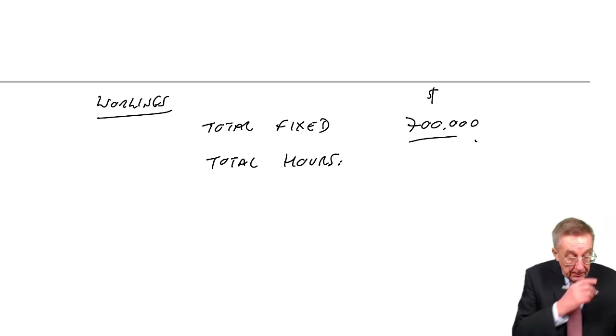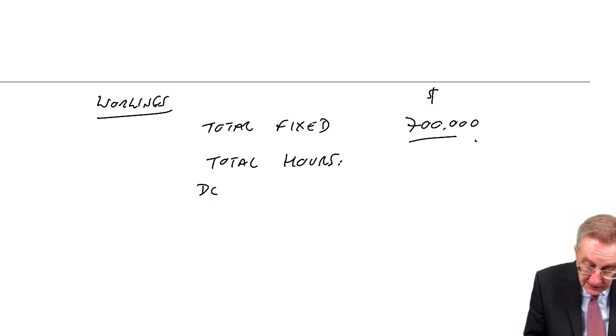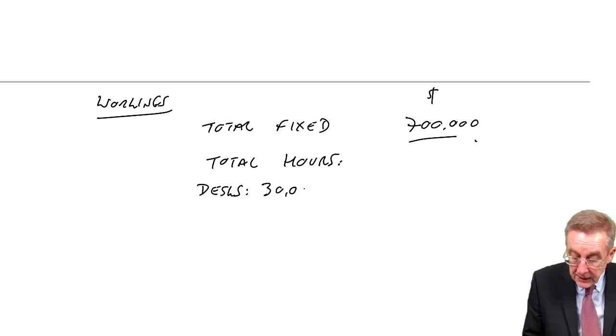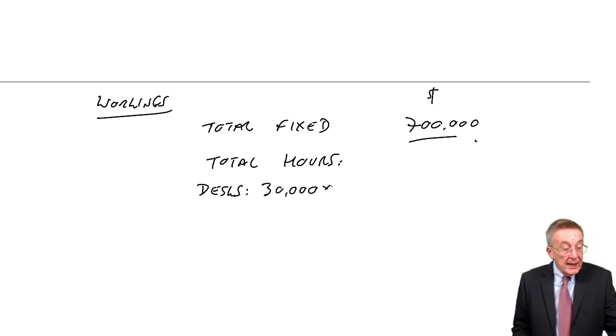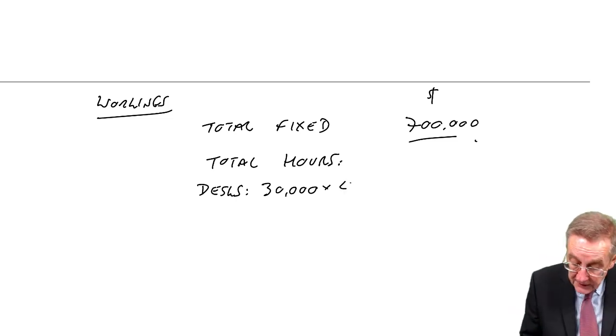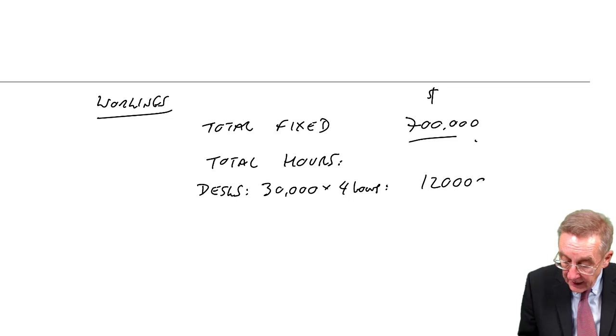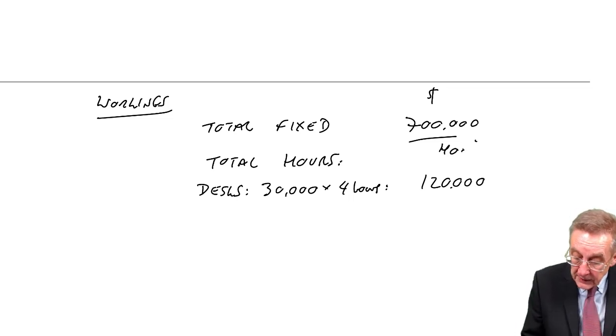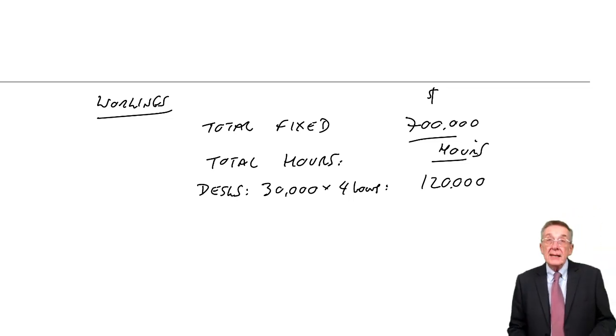We're producing 2 products, so desks. How many are we making? We're making 30,000 desks over the year. Each desk takes 4 hours. So we expect to spend 120,000 hours making desks.